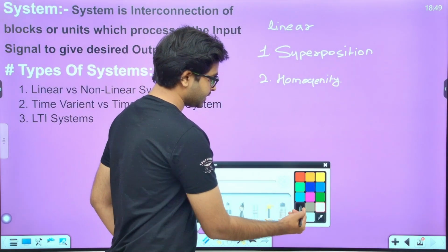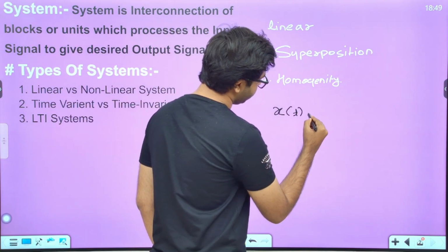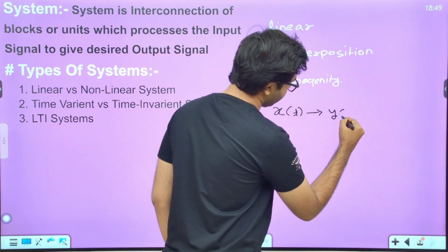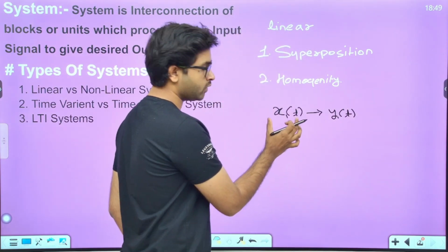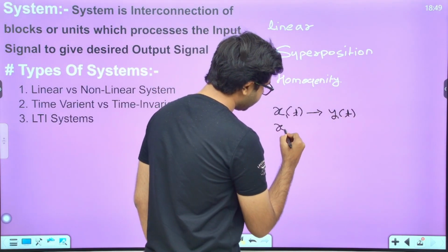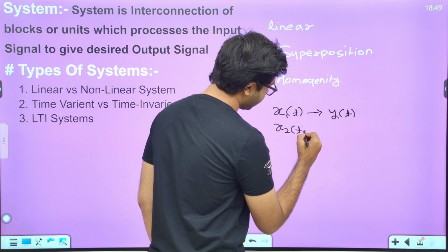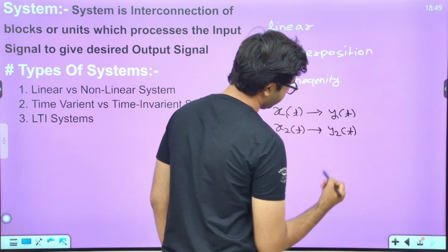So let's take an example. If my input signal is x of t, giving output y of t, let's say x1 of t as input gives y1 of t as output, and another input x2 of t gives y2 of t as output.